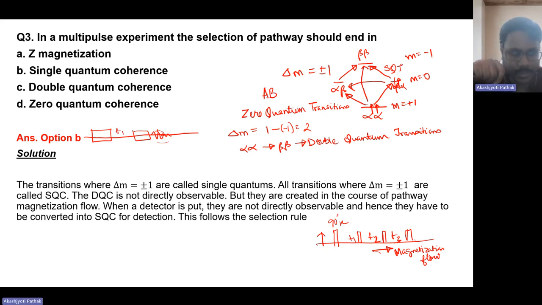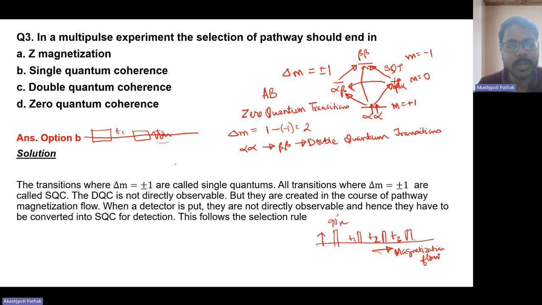When we were deriving this with 2D COSY, the information that is present at different time points, row 1, row 2, row 3, row 4, we had solved this, right?